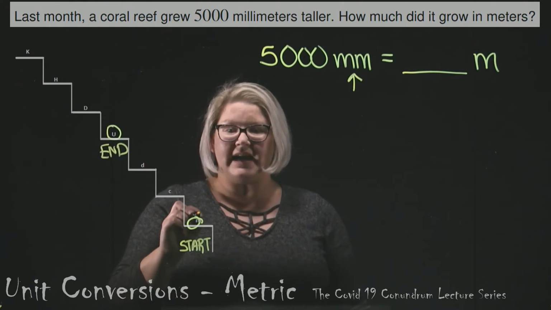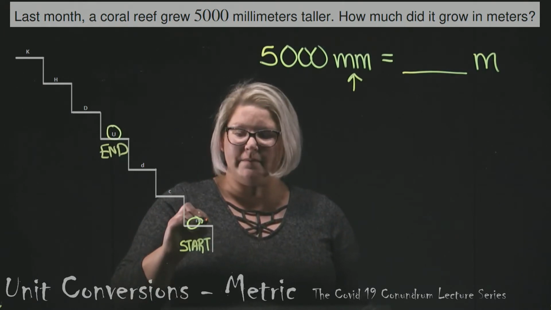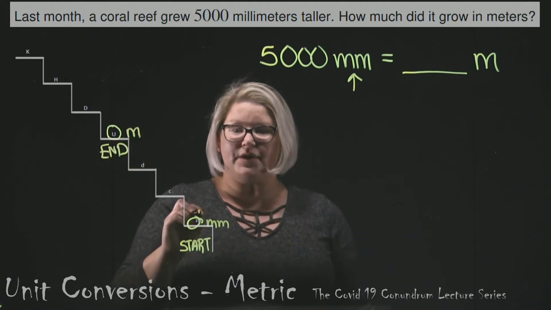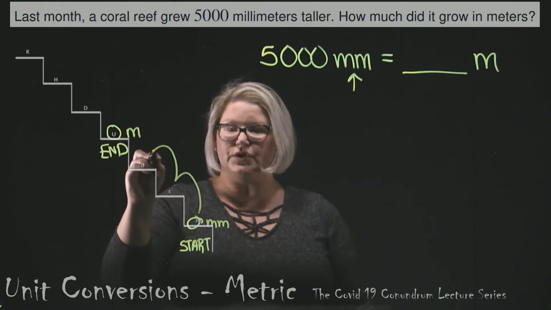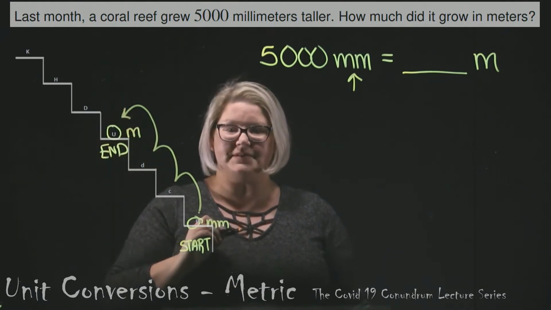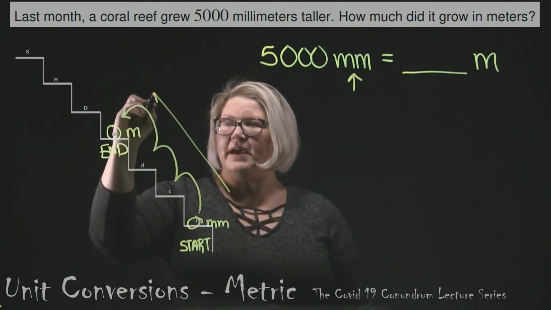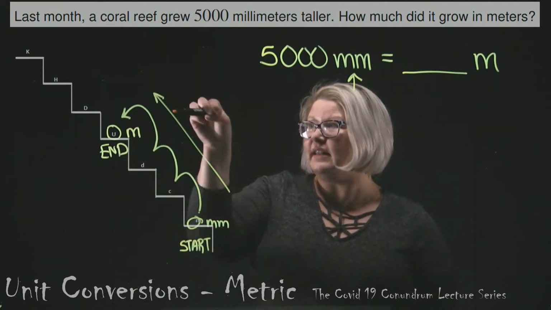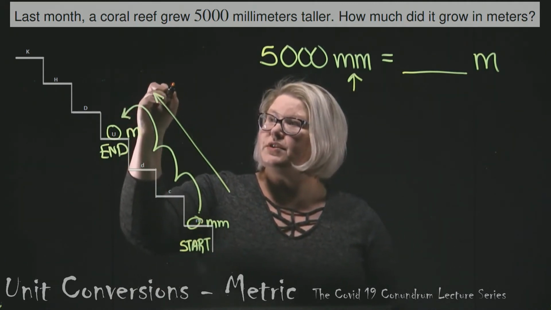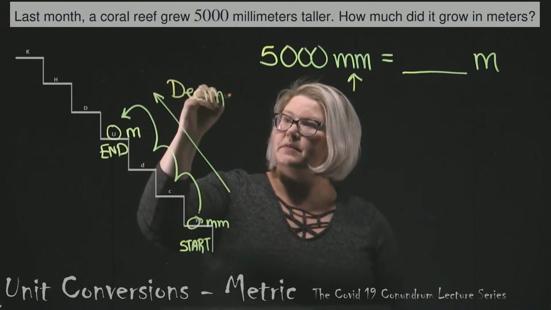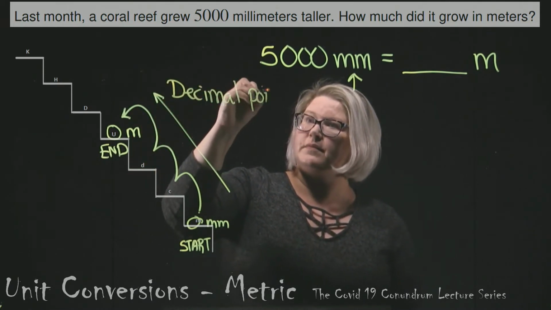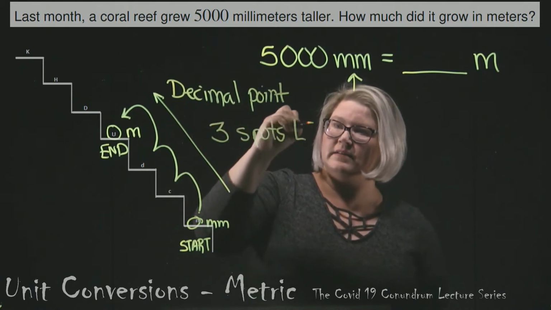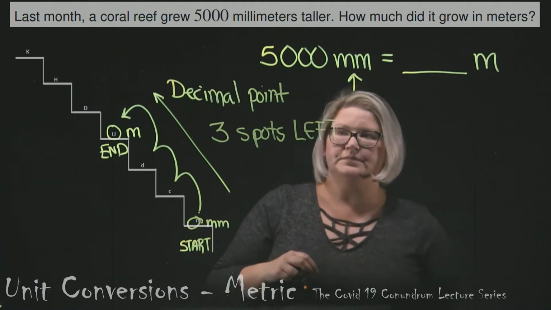So what we do is count the steps. To go from millimeters to just plain Jane meters, I'm going to go up 1, 2, 3 steps. Let's think about that motion of up. Not only is it up, but notice it's to the left. So that means I'm going to move the decimal point 3 spots to the left.